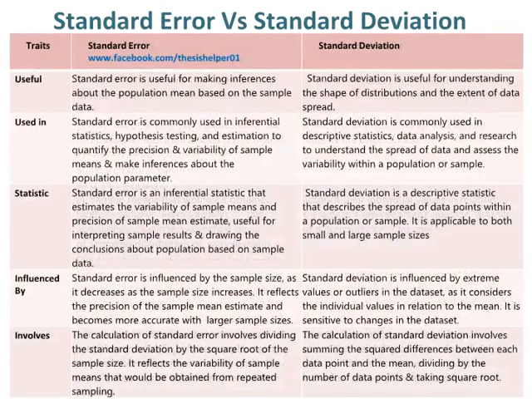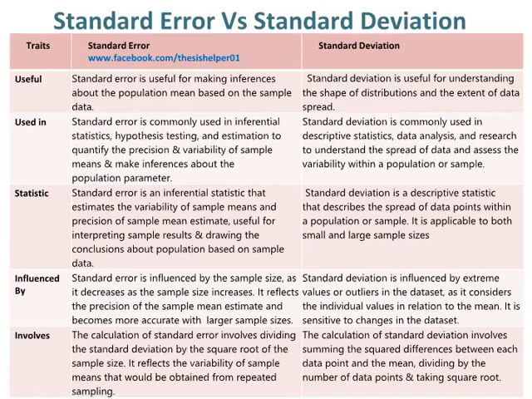Standard error is useful for making inferences about the population mean based on the sample data. Whereas, standard deviation is useful for understanding the shape of distributions and the extent of data spread.